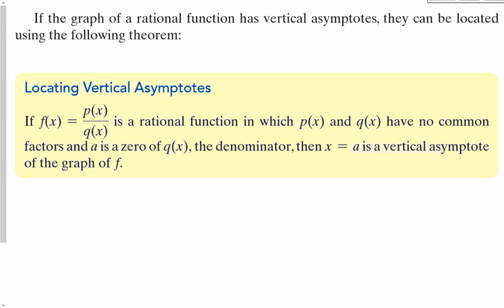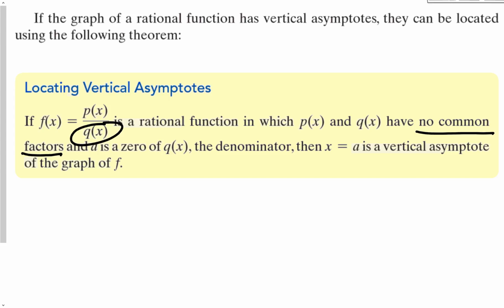If the graph of a rational function has vertical asymptotes, they can be located by the following theorem. If f(x) = p(x)/q(x) is a rational function in which p(x) and q(x) have no common factors, that's important, and a is a zero of q(x), so you figure out all the places where the denominator is equal to 0, then x = a is a vertical asymptote.